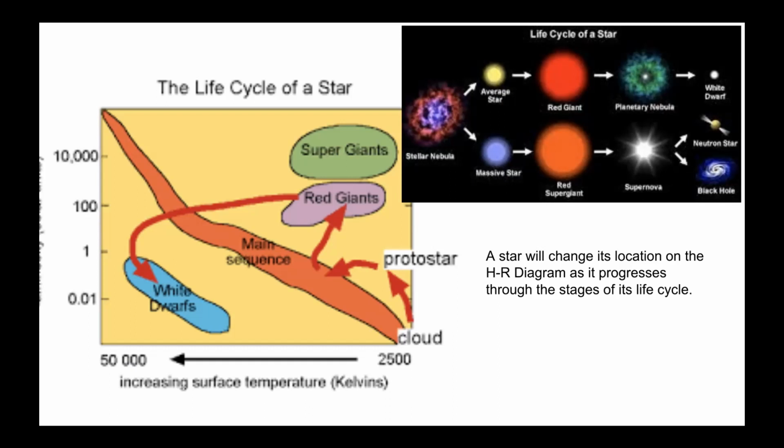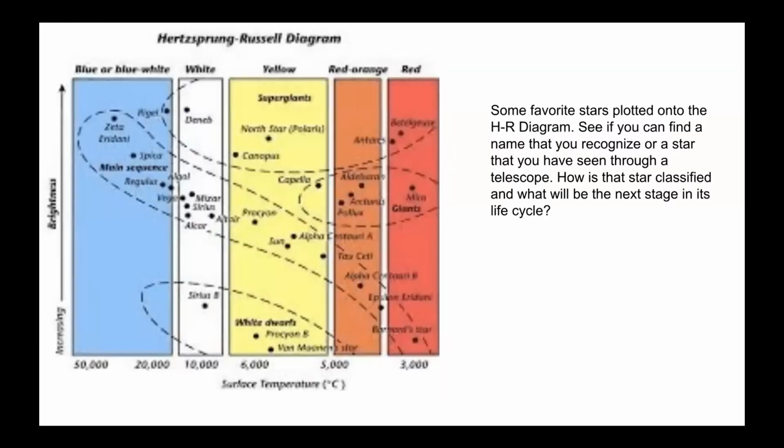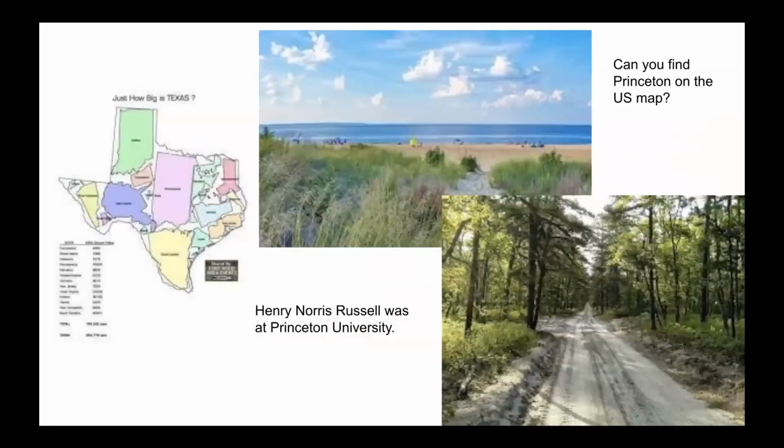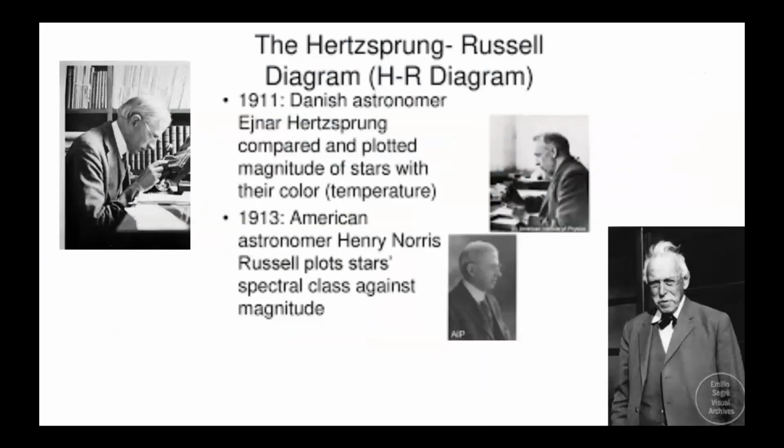So it's a very useful tool for science. It's kind of amazing that these guys so long ago were able to figure this out, and we still use this diagram as a tool to study stellar evolution.